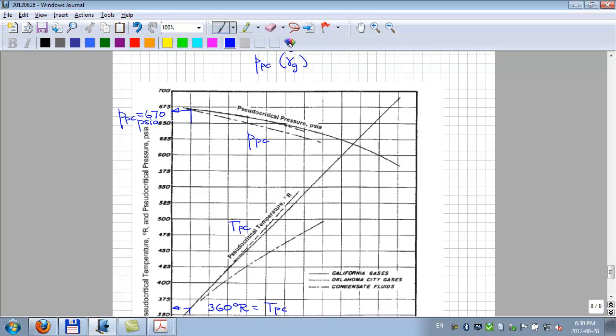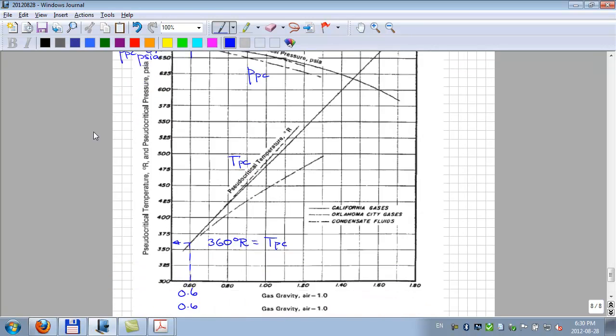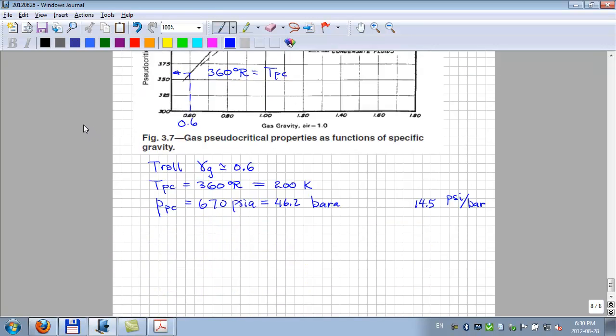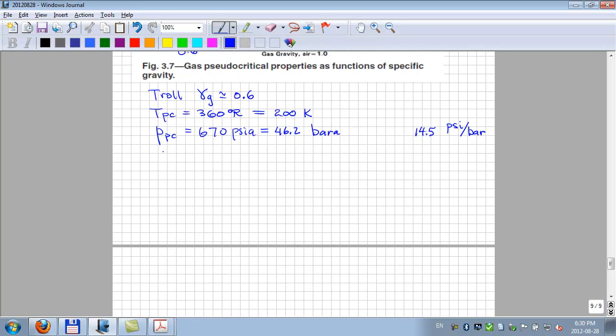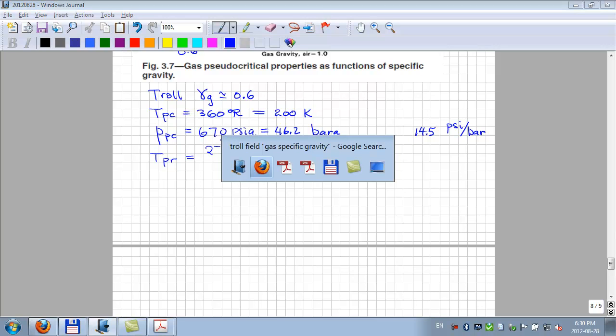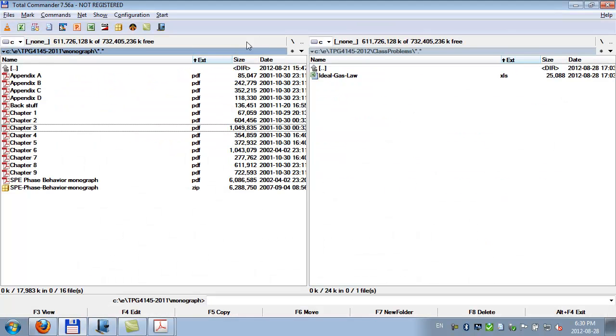The minor ticks on this are 5 degrees or 5 psi. So the pseudo-reduced temperature would be the reservoir temperature, which was what, 273. And so we have that on the Excel sheet somewhere here.